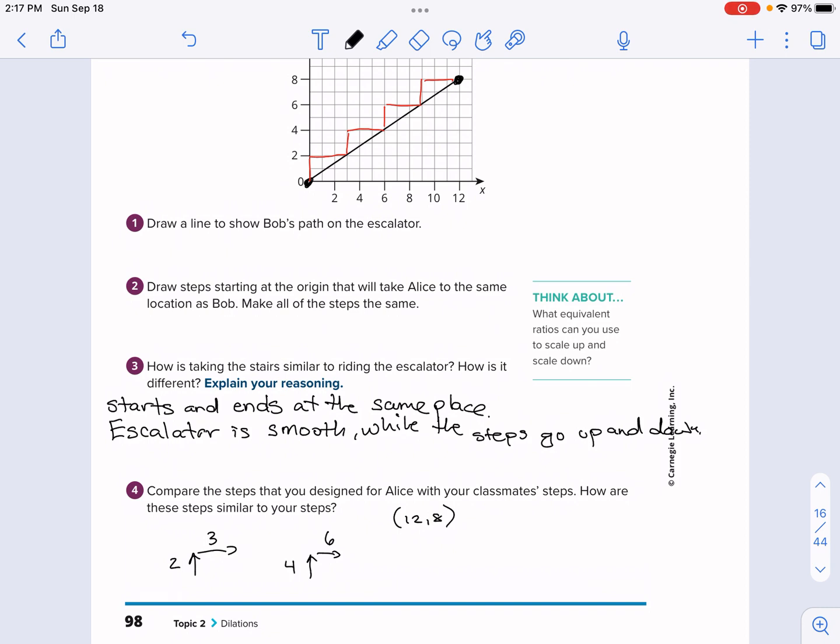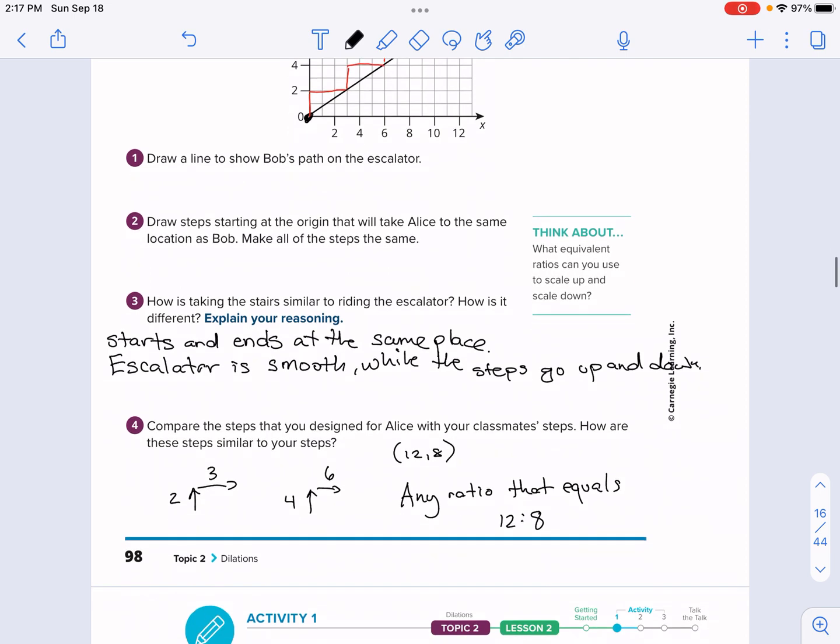There's a couple of other options. You could have gone with decimal options, but these are for the most part just whole numbers here. Pretty much any ratio that equals a 12:8 ratio.